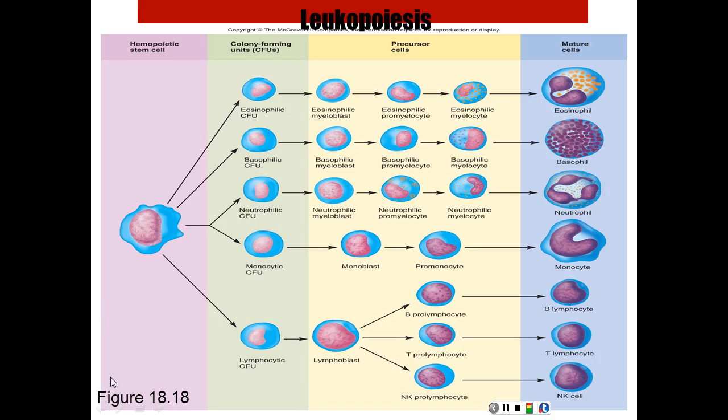So let's look at this diagram. We have this figure 18.18, and this will show you the myeloblasts, monoblast, and the lymphoblast. Here we have our lymphoblast, and this one will eventually give rise to the lymphocytes: the B lymphocyte, T lymphocyte, and NK lymphocyte. Our monoblasts ultimately form our monocyte.